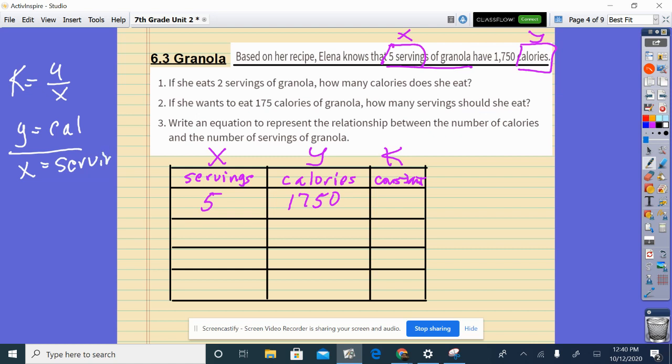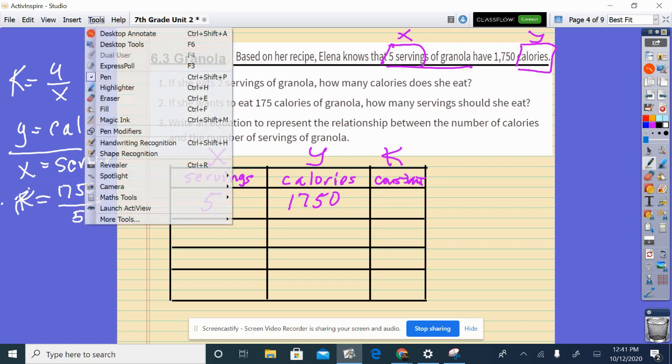So I know that, then K equals 1,750 divided by 5.